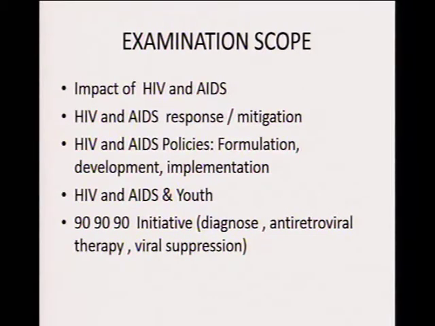And then, of course, you're not only going to look at the response of the government, you're also going to look at the response of the private sector. What does the private sector do? What did they do in the past? And what are they currently doing? And what are they planning to do in the future when it comes to the response to HIV/AIDS?